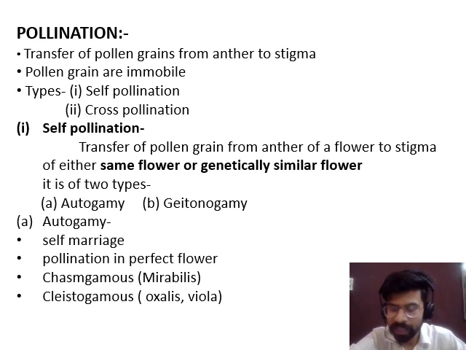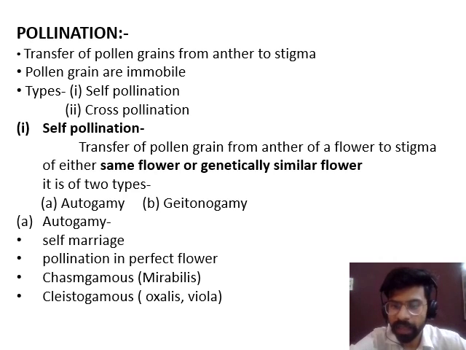In plants, the gametes are transferred with the help of various agents. In plants, two types of gametes are present, male gametes and female gametes. Male gametes are produced in the anther and female gametes are present in the gynoecium.